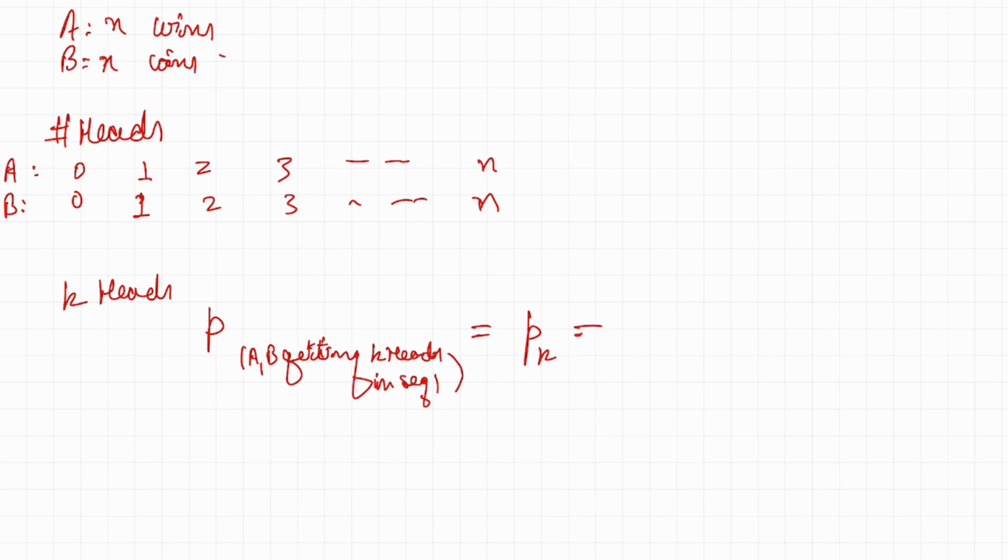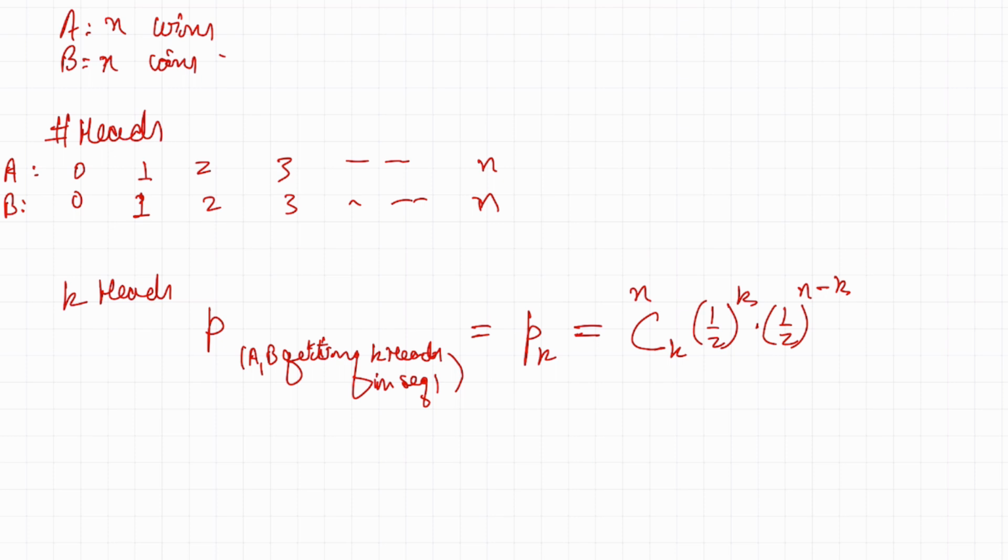So this is actually equal to nCk times... so what are we doing? We're saying out of n tosses, or n coins, choose any k coins, and they should come up as heads. So therefore half to the power k, and the remaining ones, because it's a fair coin, have to come up tails. So 1 by 2, because it's the probability of the tail, to the power n minus k.